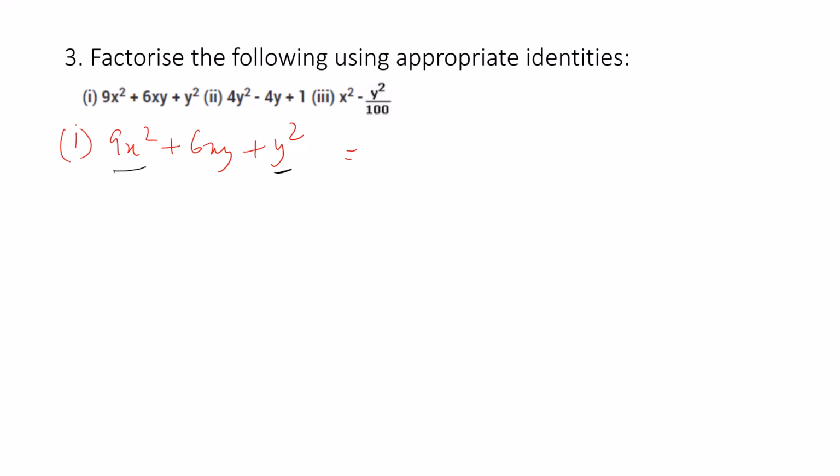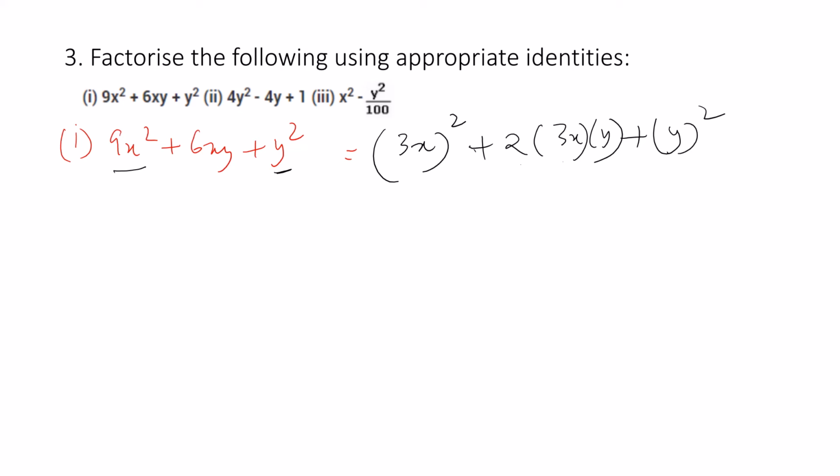That means we can write 9x square as (3x) the whole square, and then the last term, y square, means (y) the whole square. And what about the middle term? 3x into y into 2 will give you 6xy. 6xy you can split as 2 into 3x into y.